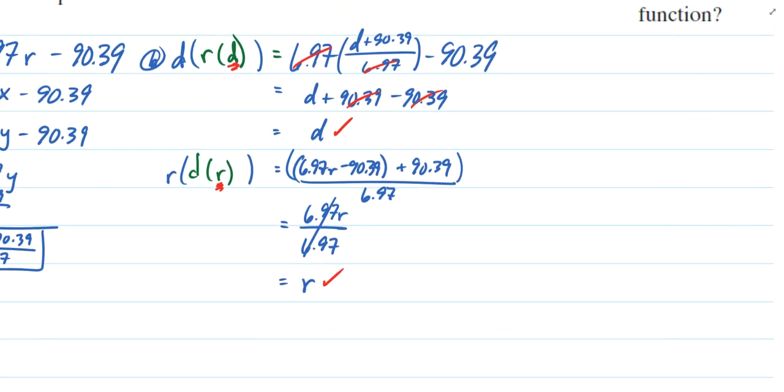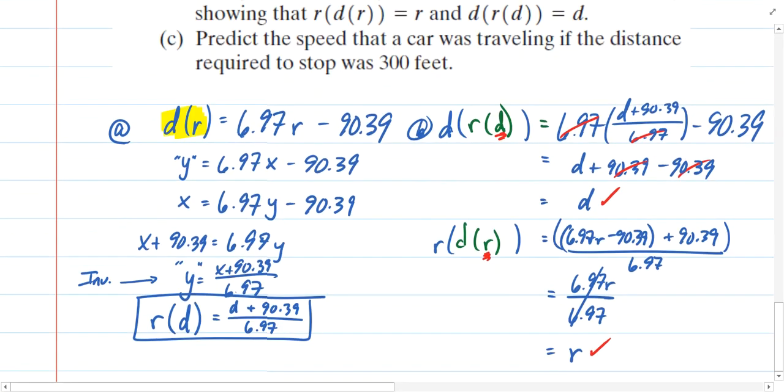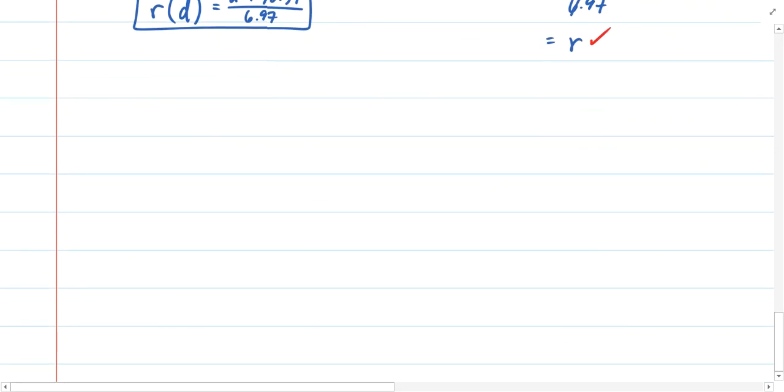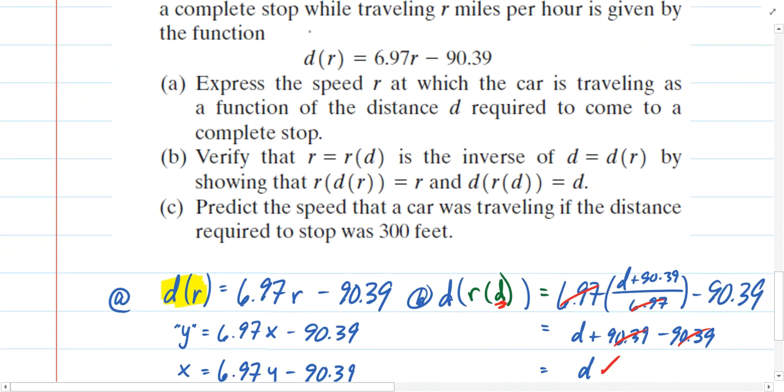Now that we've confirmed that these two functions really are inverses, we can actually use them as inverses and answer part C. Predict the speed at which the car was traveling if the distance required to stop was 300 feet. Now again, we could put 300 equals 6.97r minus 90.39.